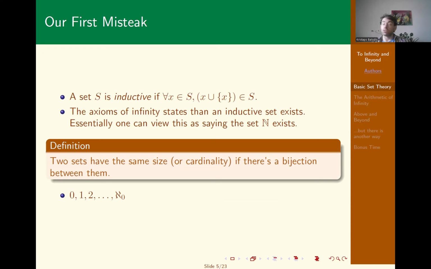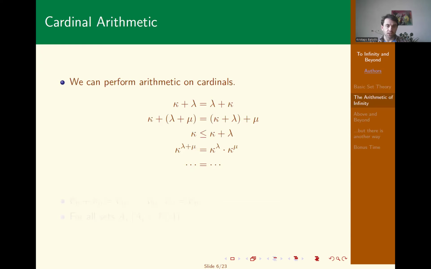Or rather, we really define Aleph null to be the set of natural numbers. So we sort of choose it as a representative of that equivalence class of bijections of sets. And so there's a whole arithmetic you can do on cardinal numbers.